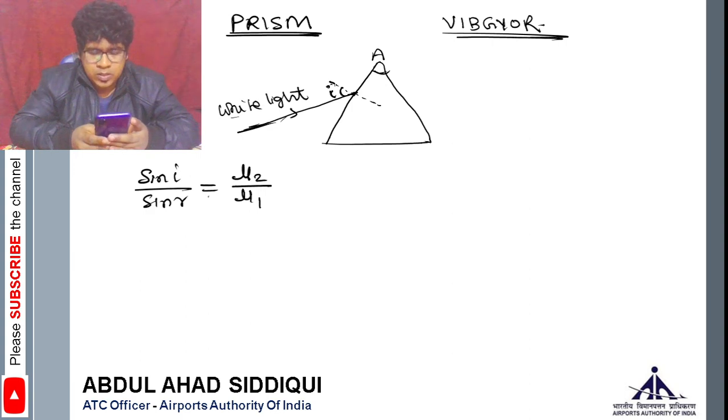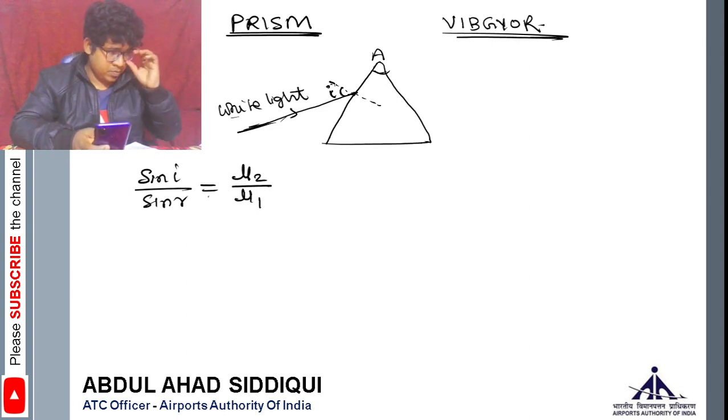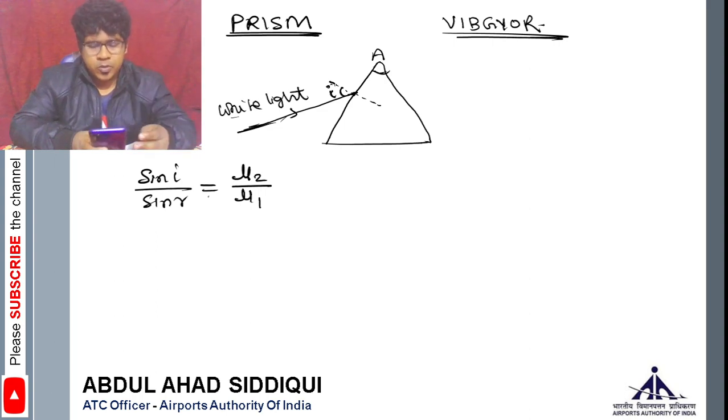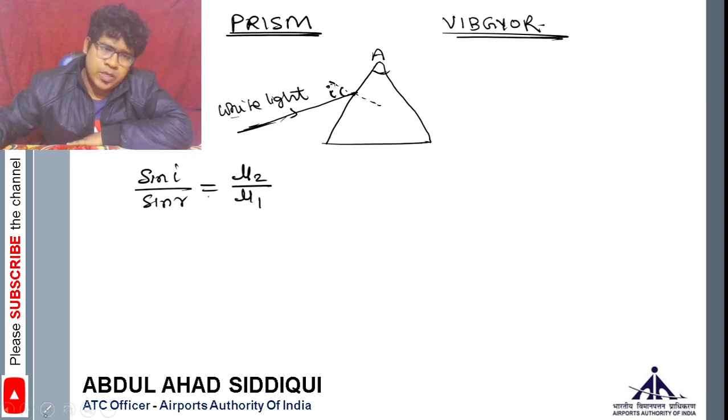I'll simply say it is Snell's law. Okay, so it's correct, right? Mu 2 upon mu 1. I don't know why I got confused. Okay, so this is this one.